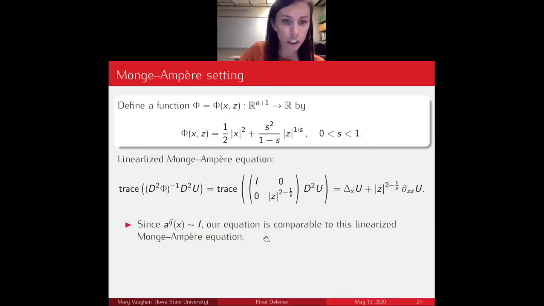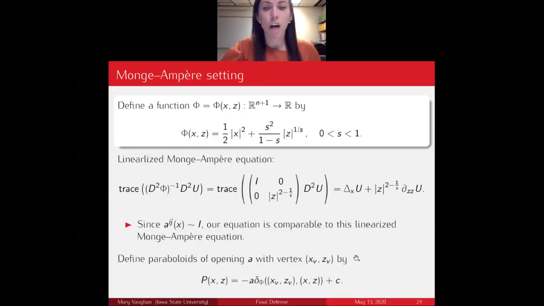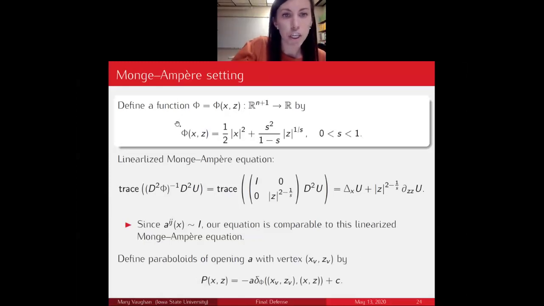And because our coefficients a_ij are uniformly elliptic, they're comparable to the identity, and so our extension equation is comparable to this linearized Monge-Ampere equation. And so we will use the underlying geometry, the Monge-Ampere geometry for this function phi, and prove the Harnack inequality in those sections.